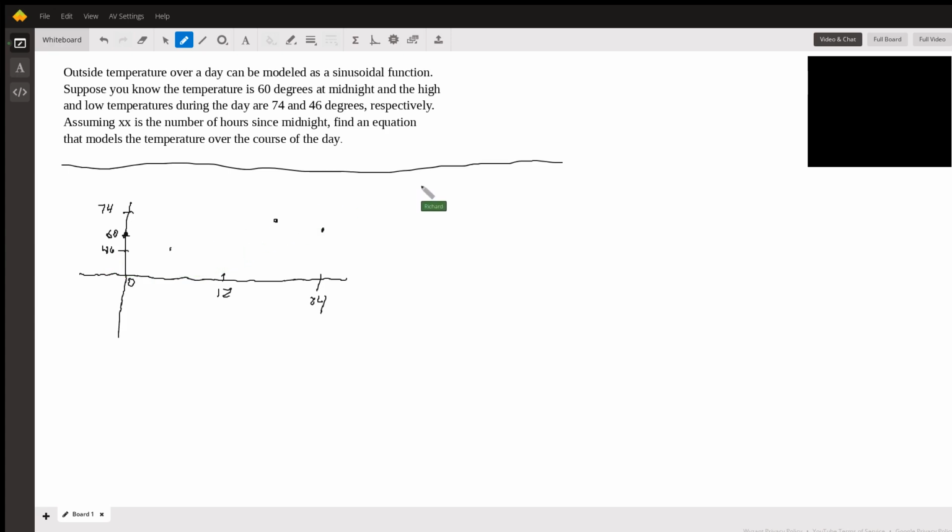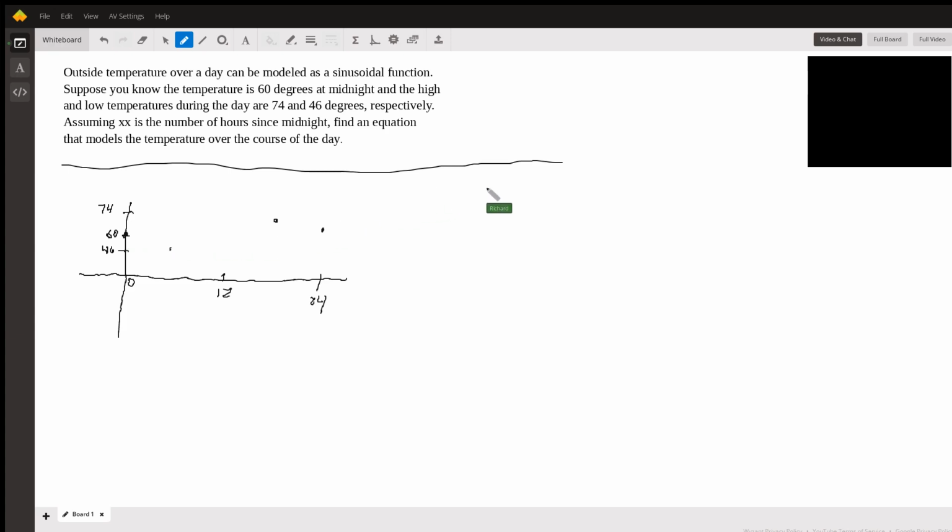Okay, we need to fit a curve to this. Well, how are we going to do that? Well, we certainly can find the range, and the curve is not starting at a midline of that range. Let's see, the range would be 74 minus 46, which would be 28.